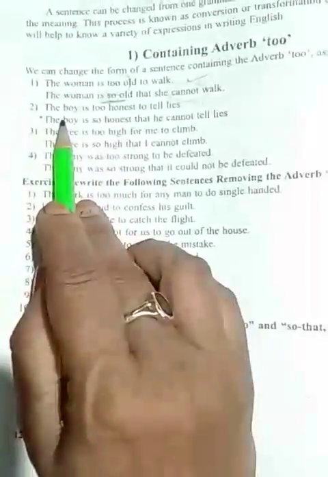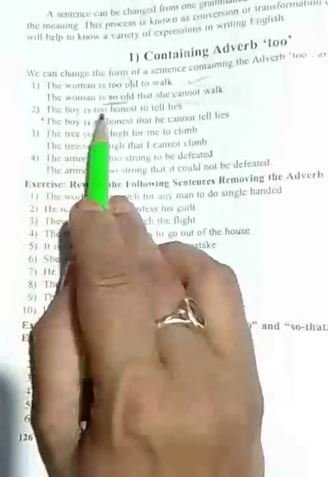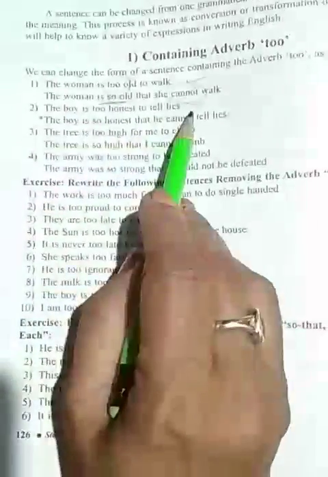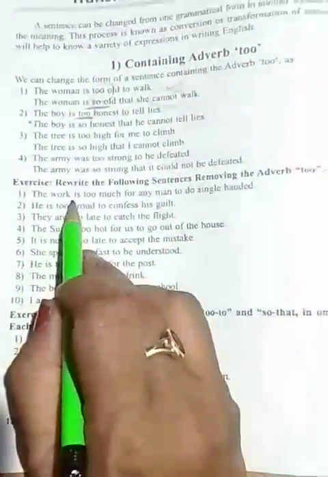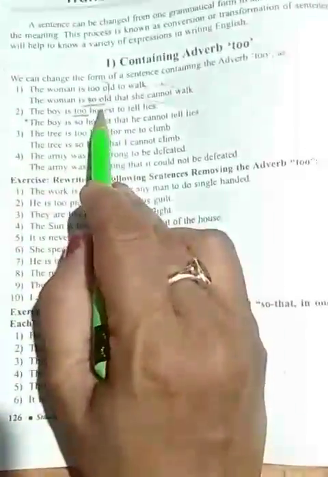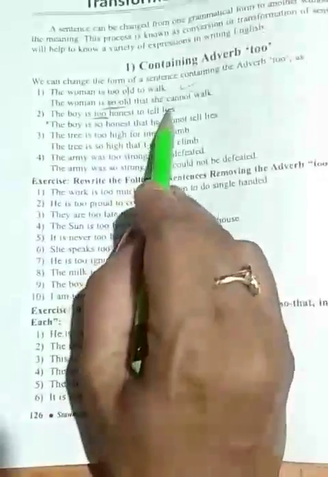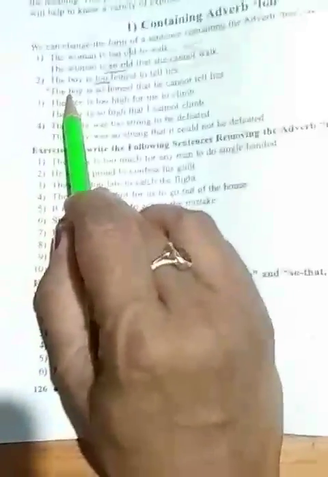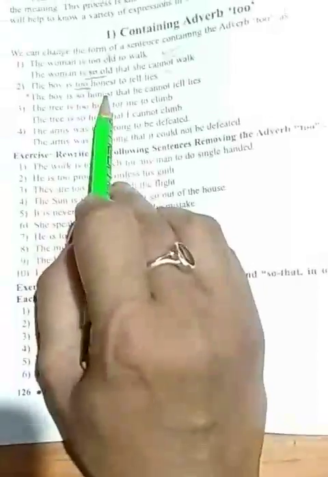Now we'll see the next example. The boy is too honest to tell lies. Here also "too". That means he is so honest that he will not tell any lies. Now we'll transform this sentence to another form.